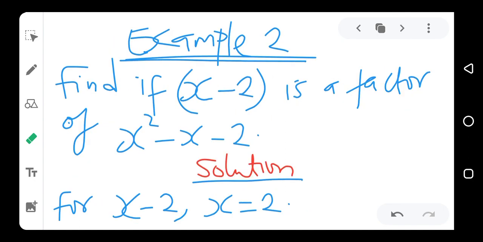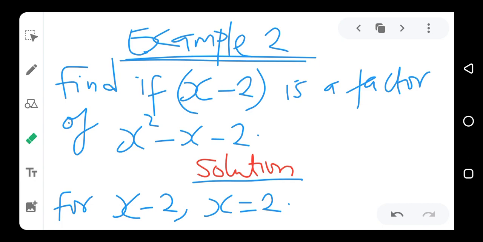The question can also come this way. Find if this factor, if this number or this term is a factor of this polynomial. How do we do it?